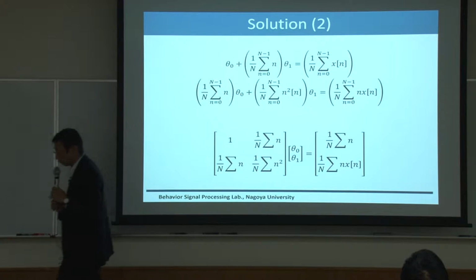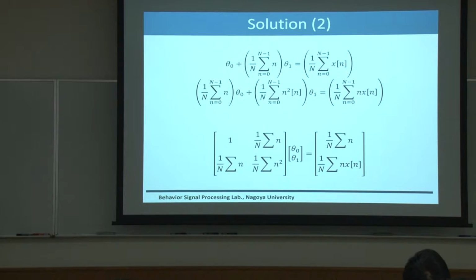You can get the optimal theta 0 and theta 1. This is simple math, although it looks very complicated. Say, for instance, if this is A, then theta 0 and theta 1 is equal to A inverse times this vector.